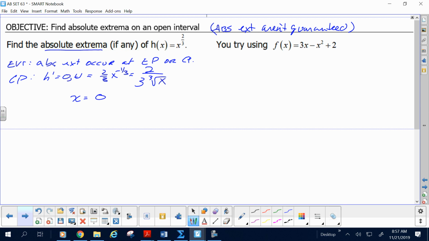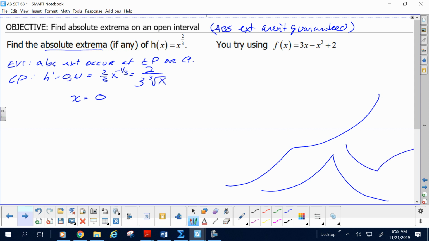Okay. Now, you really have to establish, all right, what's going on forever? There's no endpoint, so it's forever before and forever after. If the function is increasing forever before and then forever after, well, then nothing's going on. If the function is increasing forever before, then decreasing forever after, then it must have been a max. And if it's decreasing forever before and increasing forever after, it must have been a min.